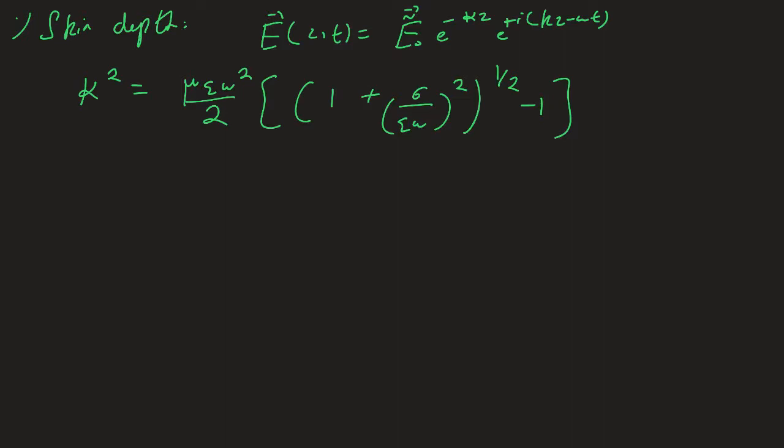This was the relation for kappa squared, and you can compare it to the relation for K squared before. Now we define the skin depth, from now on using delta, and this is equal to 1 over kappa, because when z is equal to 1 over kappa, the electric field falls off as 1 over e.